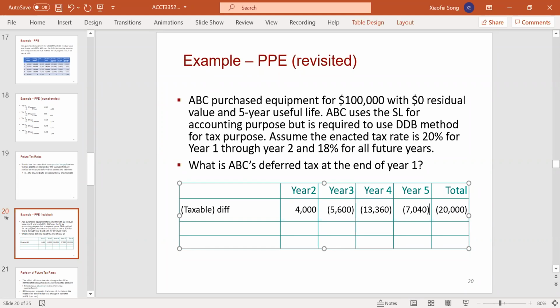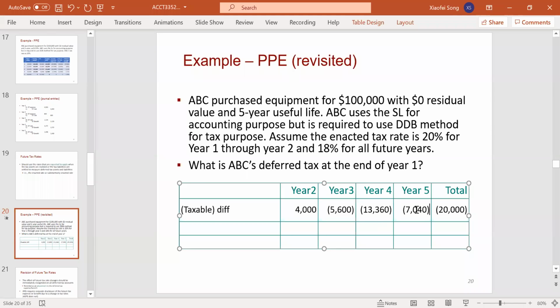So let's put it in, and all total is 20,000. In year 2, there is no reversal. Actually, it increases, right? That year CCA is again $4,000 more. So there's no reversal, so I put 4,000. In year 3, depreciation is more than CCA, so that reverses the 5,600. In year 4, again, depreciation is more than CCA, and year 5 is the last.